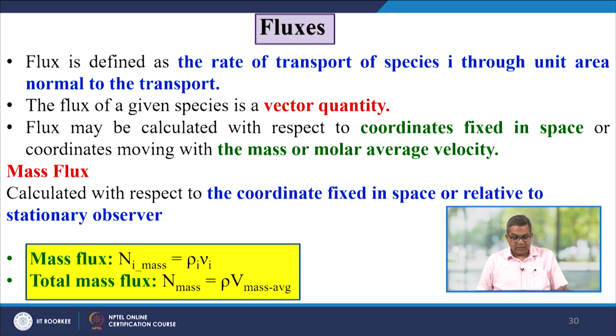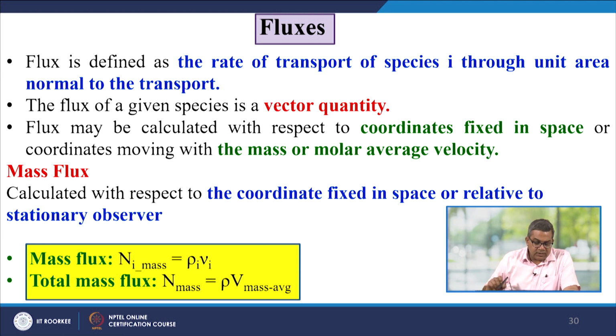Let's talk about the fluxes. Flux is defined as the rate of transport of species i through the unit area normal to the transport. The flux of a given species is a vector quantity. Flux may be calculated with respect to coordinates fixed in space or coordinates moving with the mass or molar average velocity.